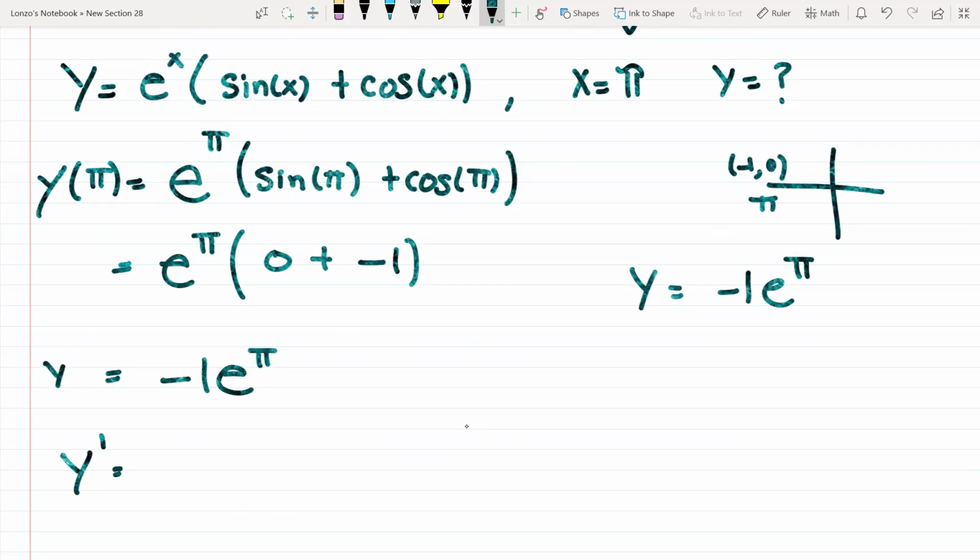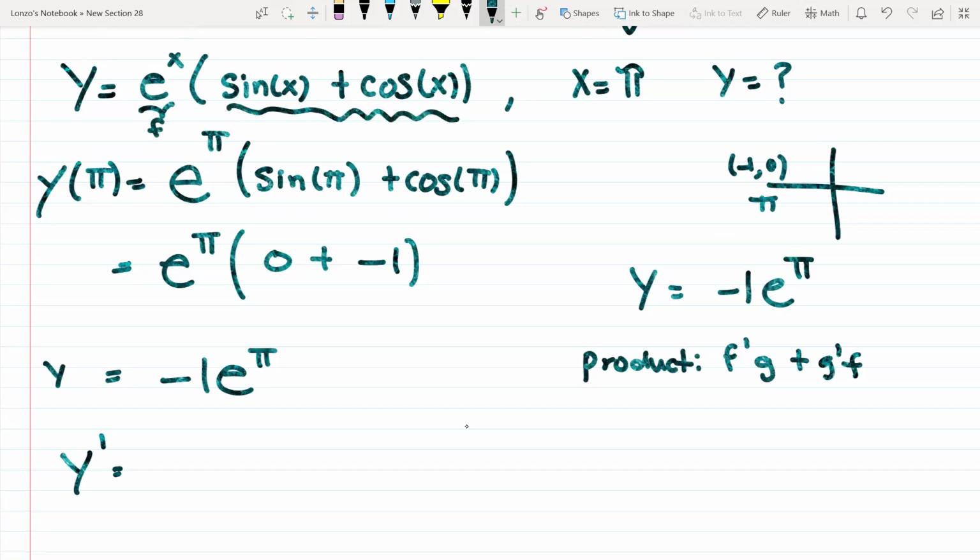If you recall, the product rule is f prime times g plus g prime times f. My f will be e to the x, and my g is this whole thing, sine of x plus cosine of x.